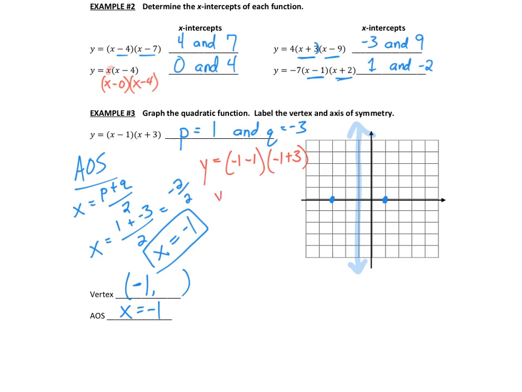So negative 1 minus 1 is negative 2. Negative 1 plus 3 is positive 2. So the y value is going to be negative 4. So we have our x and we have our y. So we put the vertex on here, negative 1, negative 4.